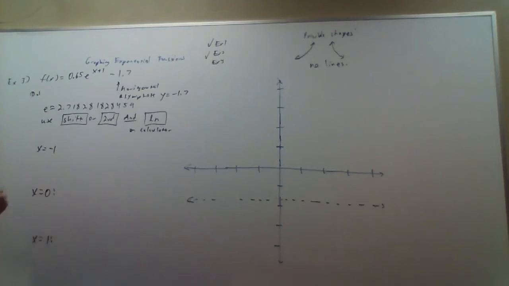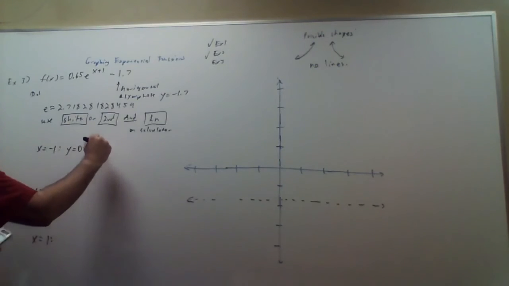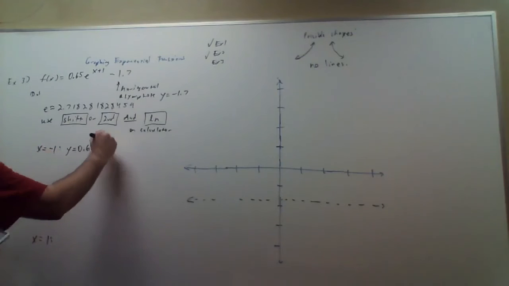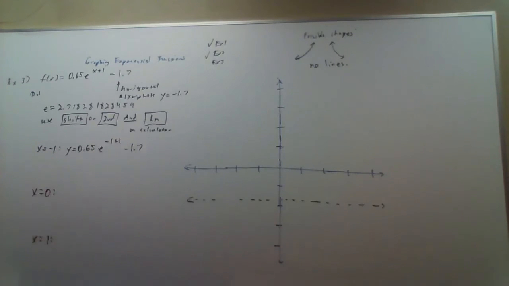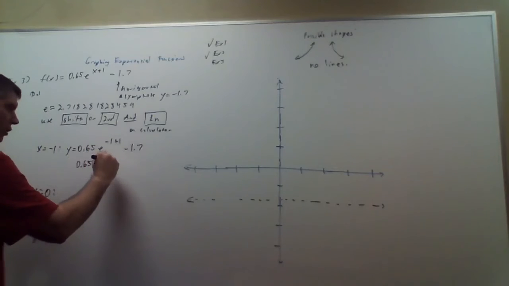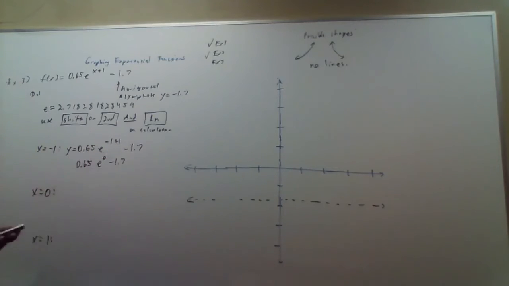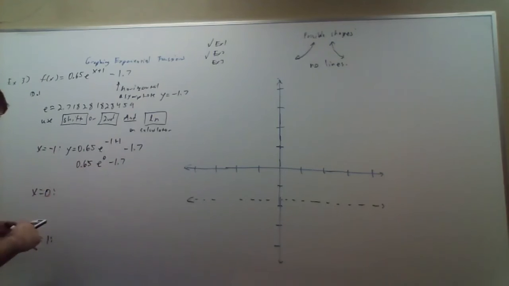All right, so y equals 0.65 times e to the negative 1 plus first power minus 1.7. So that'll be 0.65 e to the 0 minus 1.7. I'll take e to the 0 first: shift ln 0.